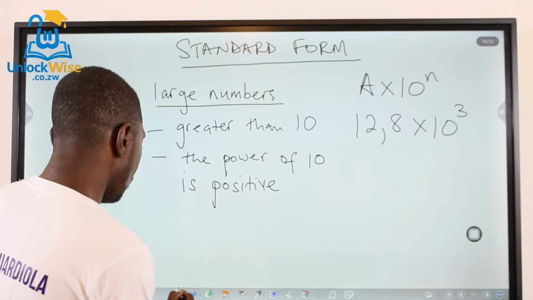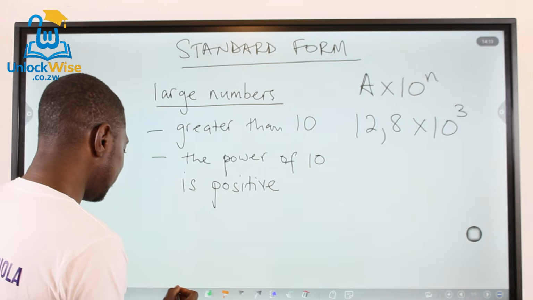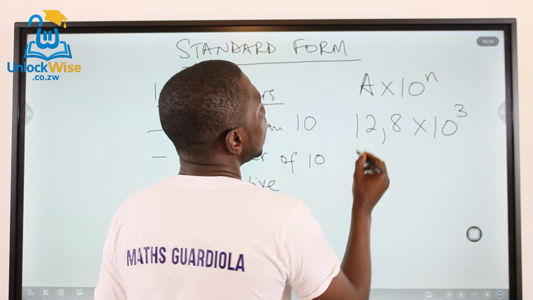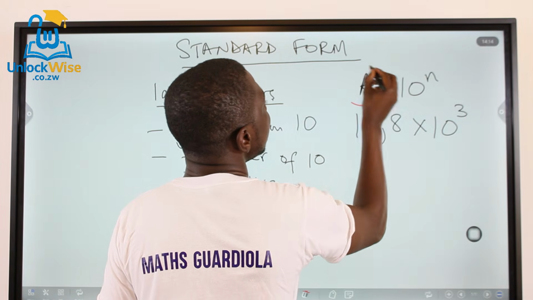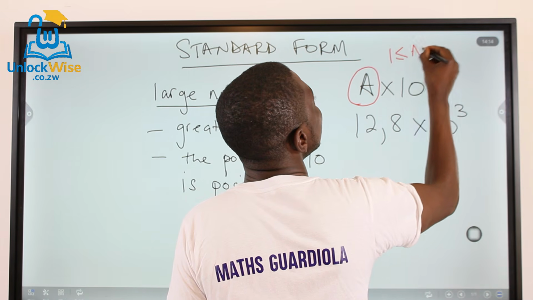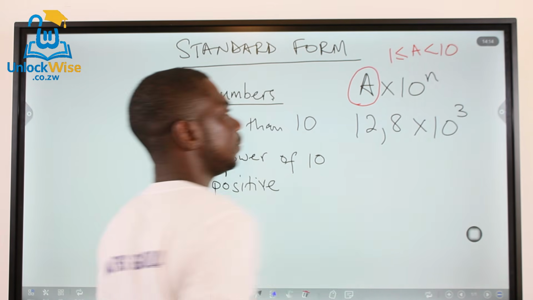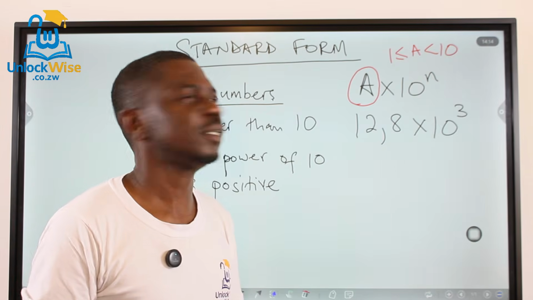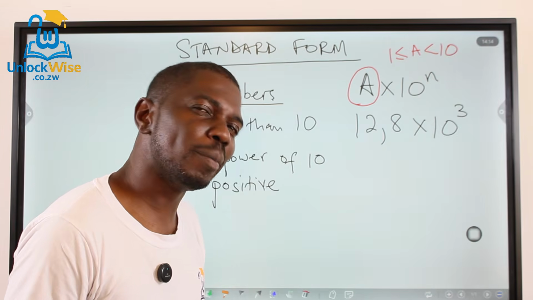Why? Because from my definition, I see that the number here should be between 1 and 10. But if you are to check this one, it's not between 1 and 10. We have it as 12, comma 8.